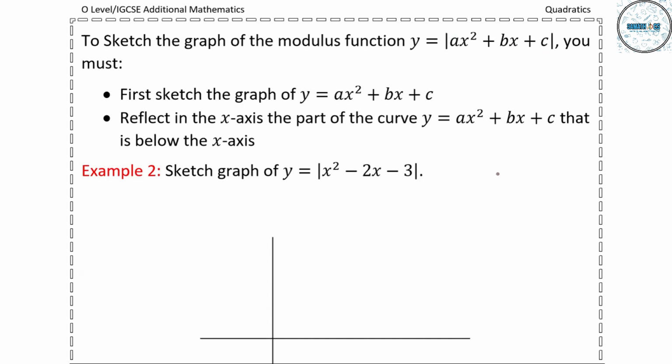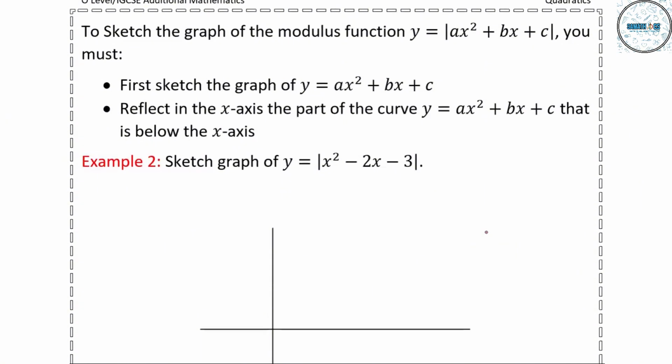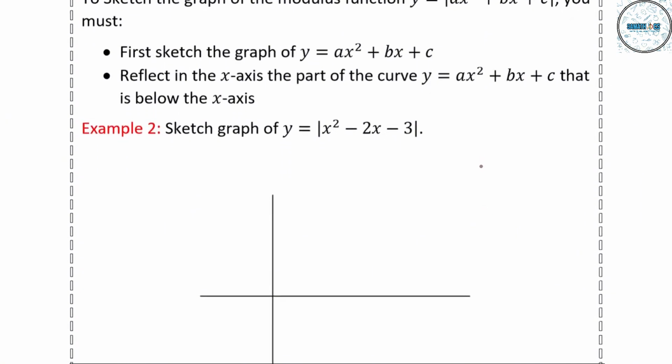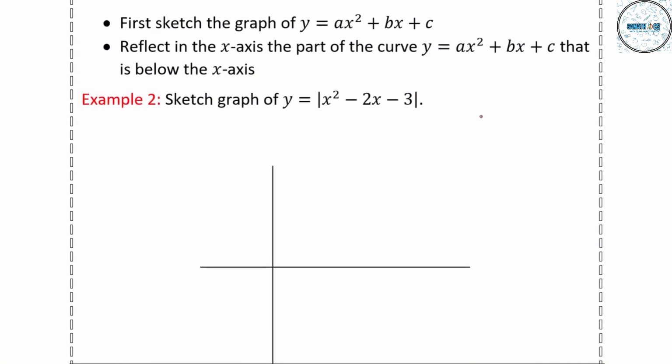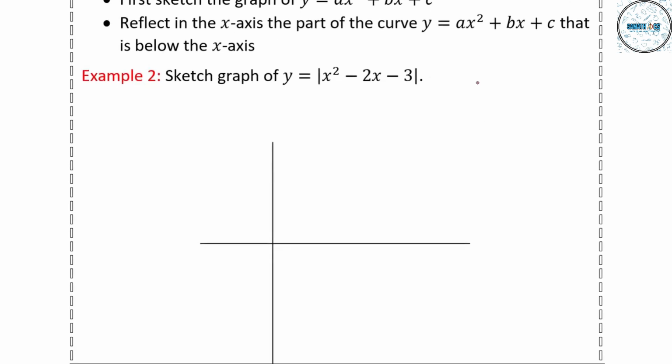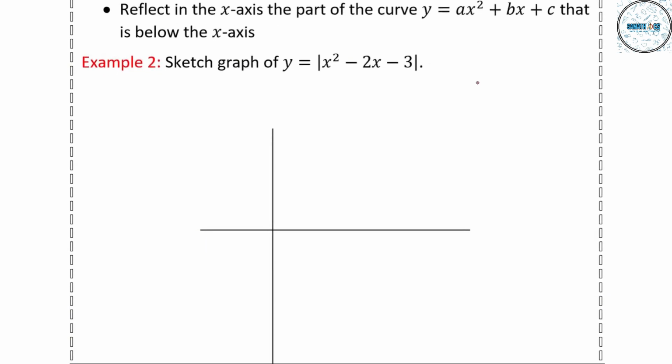To sketch the graph of the modulus function, first of all, we have to sketch the graph of the quadratic function. Then we have to reflect the part of the curve which is below the x-axis. Let's do an example of sketching the graph of y is equal to x squared minus 2x minus 3, which is absolute.